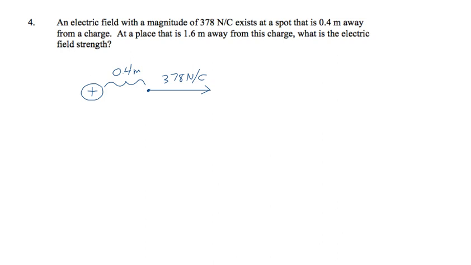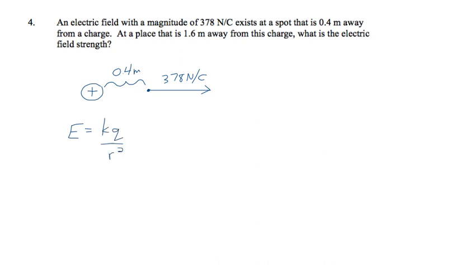Now, I want to know what the electric field is if I'm 1.6 meters away. The thing is, 1.6 meters away is exactly 4 times 0.4. We have a formula for electric field that says E equals KQ over R squared.